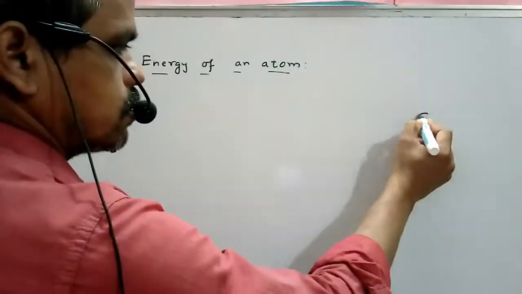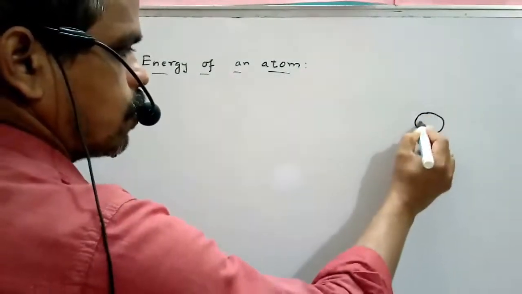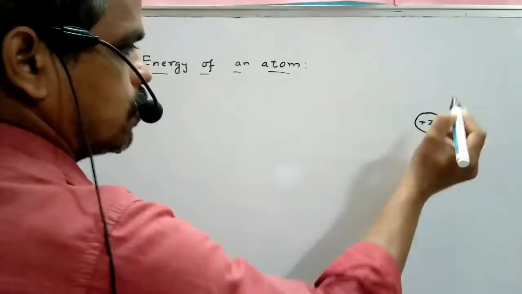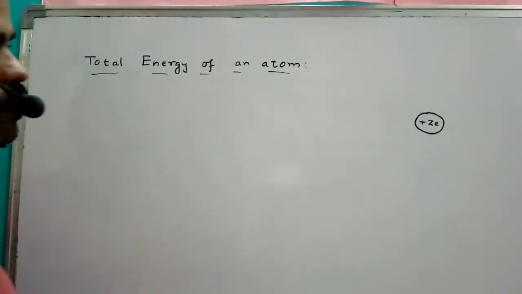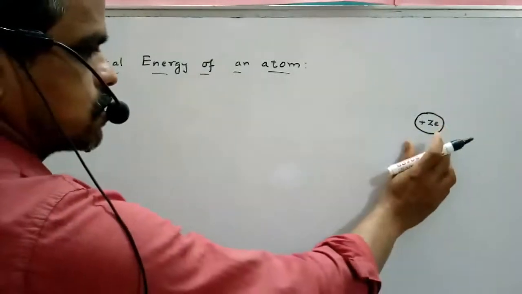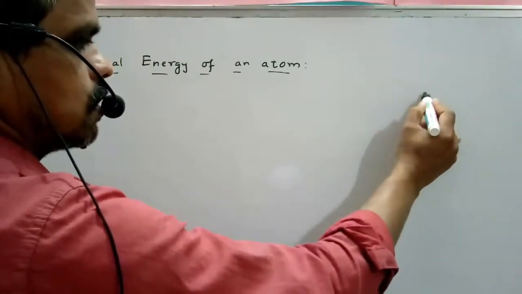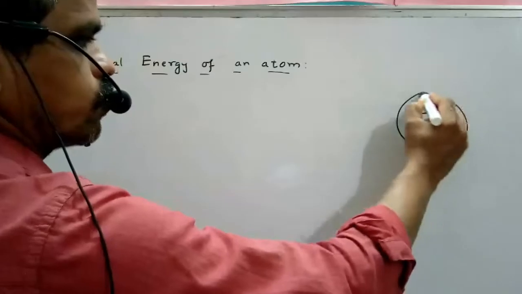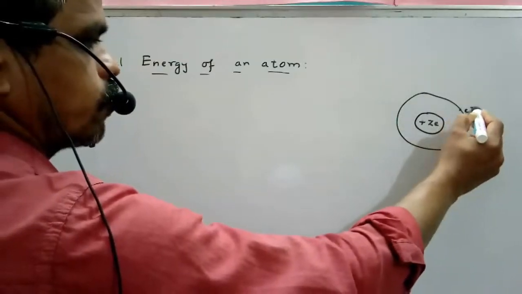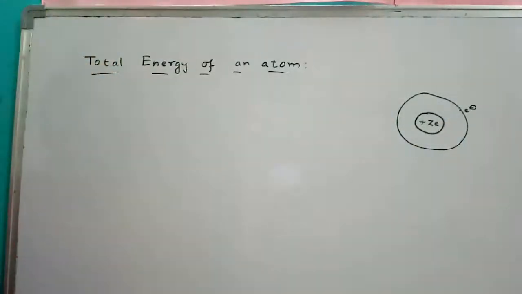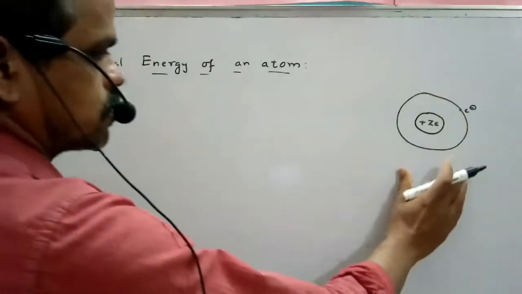So the nucleus, already we discussed, has positive charge Ze, with an electron revolving around the nucleus. This is a one electron system.